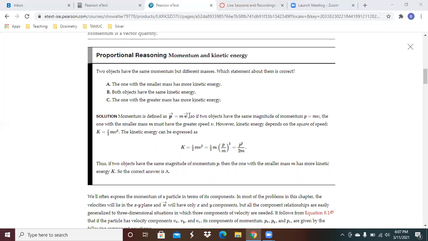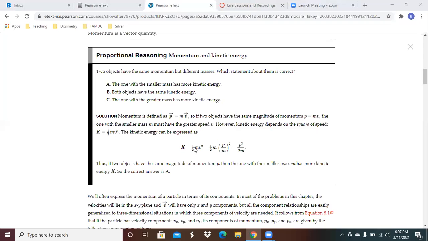Momentum, again, is defined as mass times velocity. So if the two objects have the same magnitude of momentum, in other words P is the same for each one of them, then the one with a smaller mass must have the greater speed, v. Kinetic energy, on the other hand, depends on the speed squared. So the kinetic energy is 1/2 mv squared.